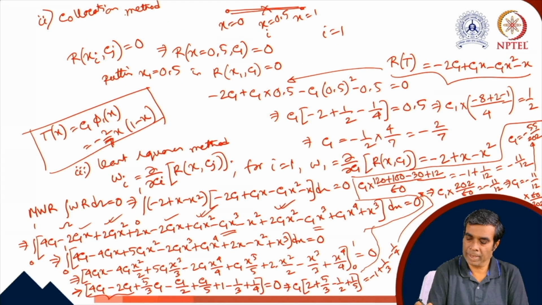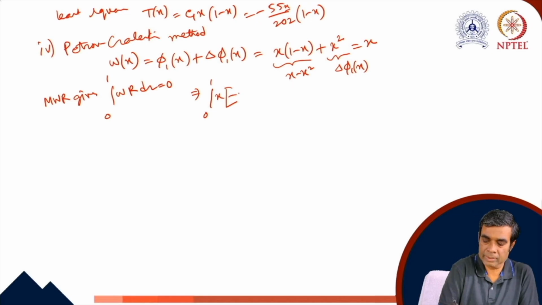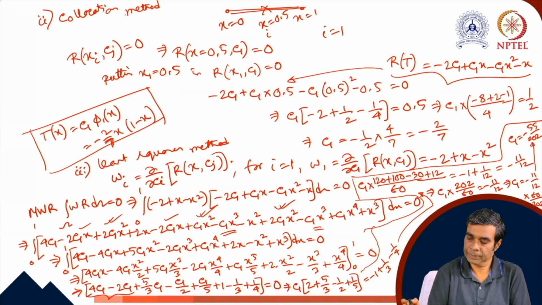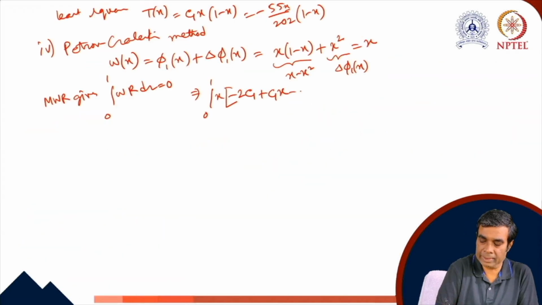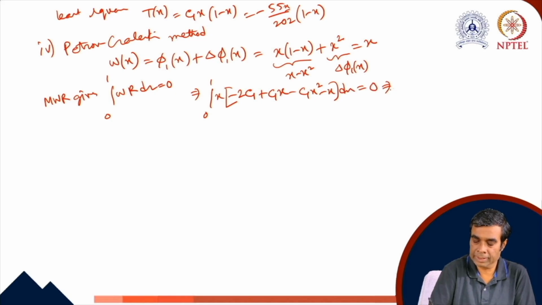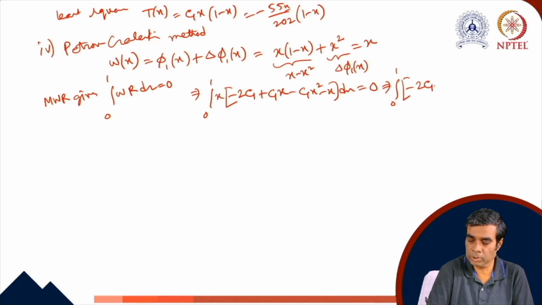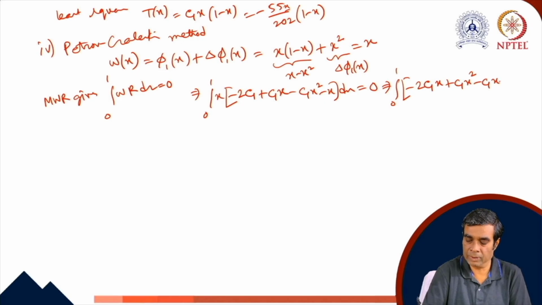It was minus 2c1 plus c1x minus c1x square minus x dx equals to 0. This gives us integration of 0 to 1 minus 2c1x plus c1x square minus c1x cube minus x square dx equals to 0.